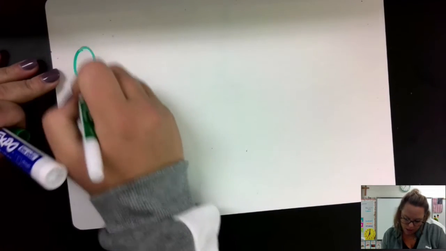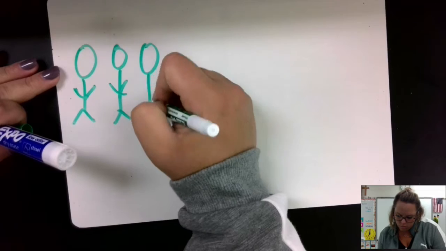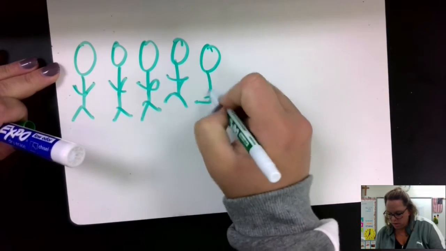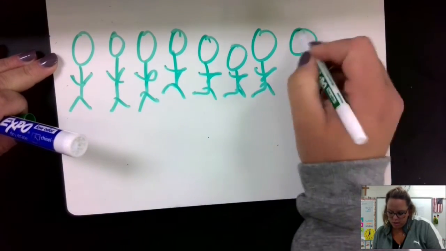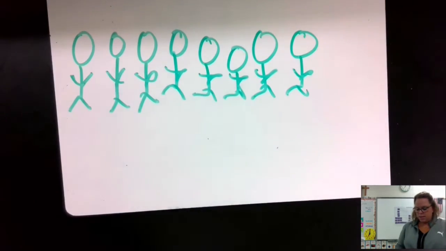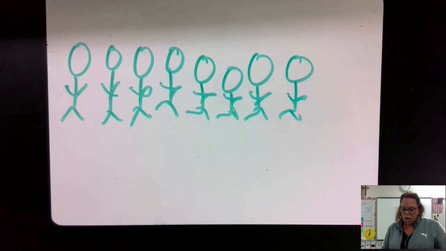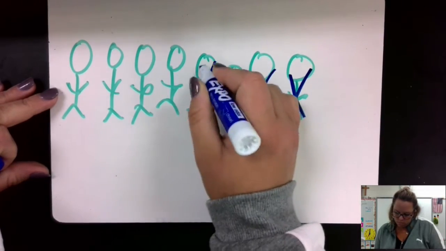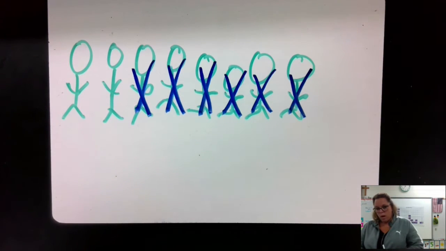Let's see, I have 1, 2, 3, 4, 5, 6, 7, 8 kids that were outside playing at the park. 8 kids were outside playing at the park. And 6 of them went home.